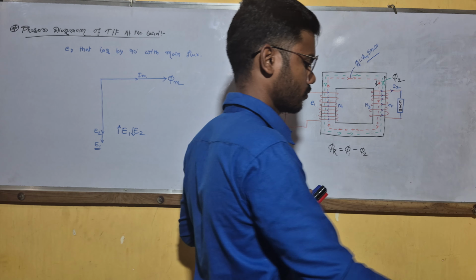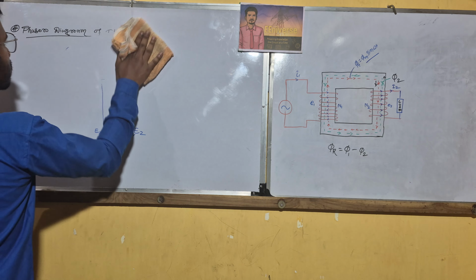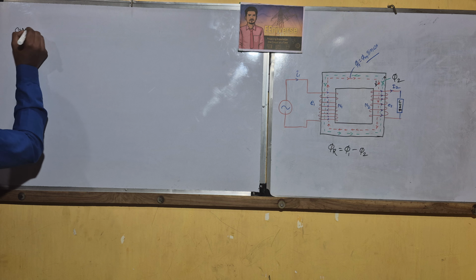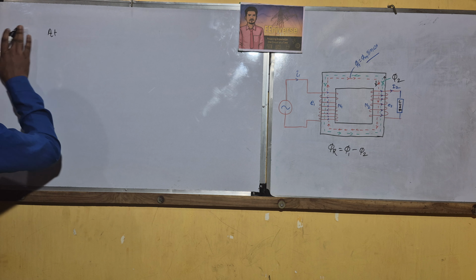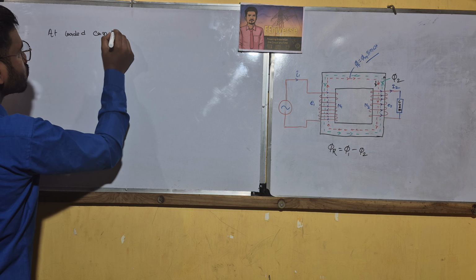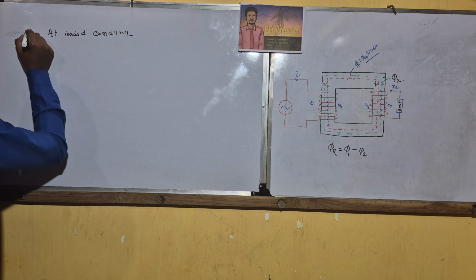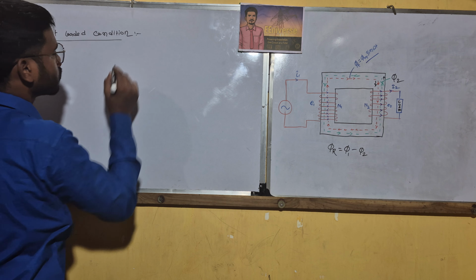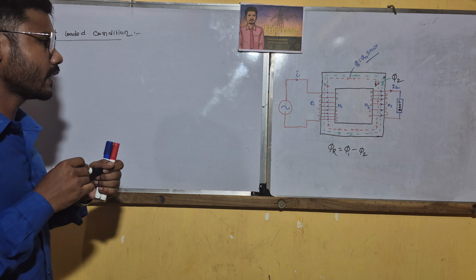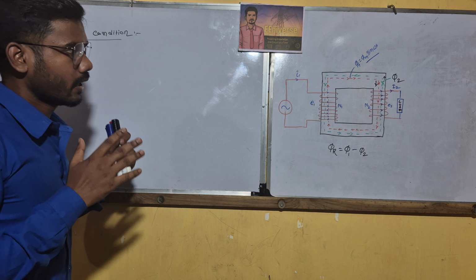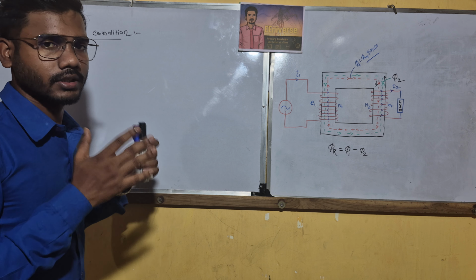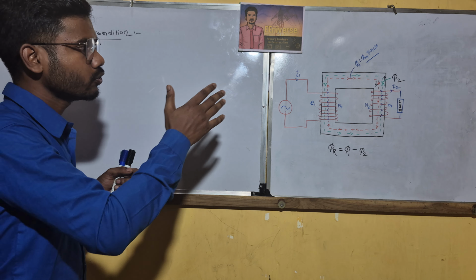Case 2, at loaded condition. When we give a load on the secondary side, a current flows through the secondary coil, and due to that a secondary flux is generated, and the secondary flux opposes the main flux.